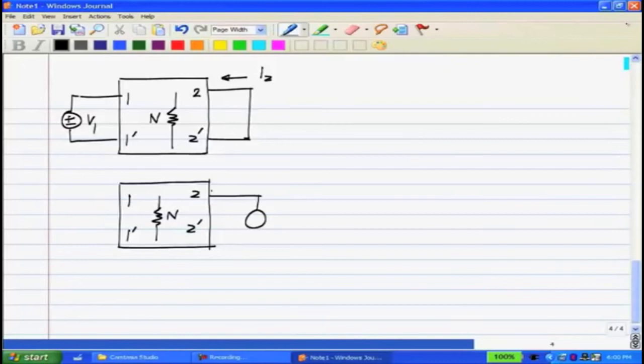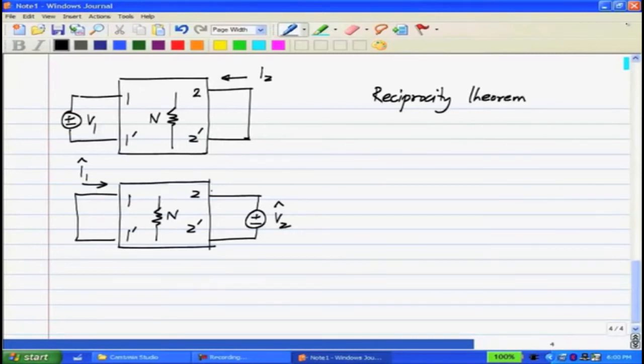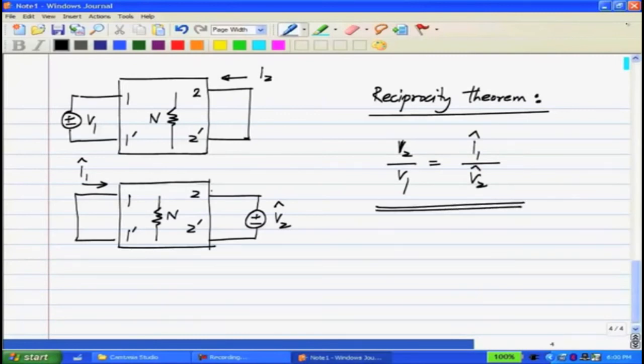I excite this side with V2 hat and short circuit this side and measure I1 hat here. And the reciprocity theorem says that I2 by V1 is exactly equal to I1 hat divided by V2 hat.